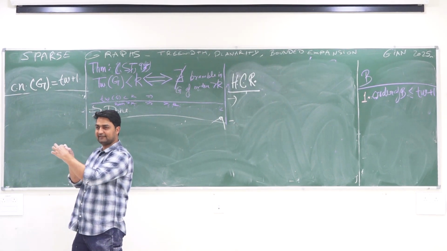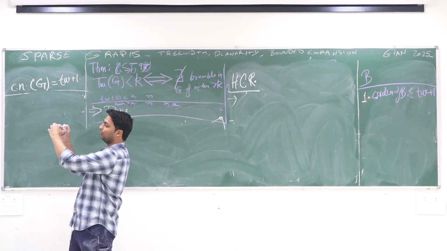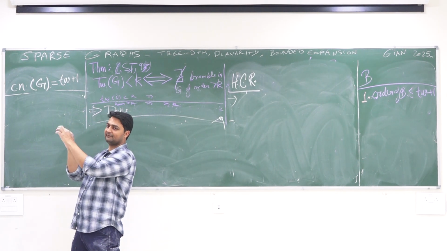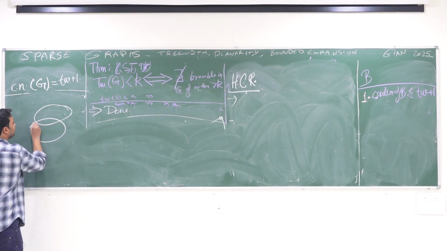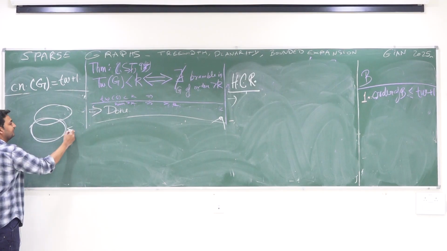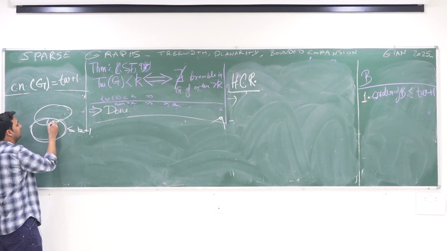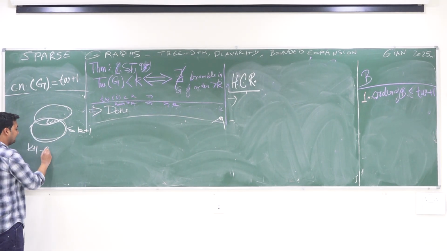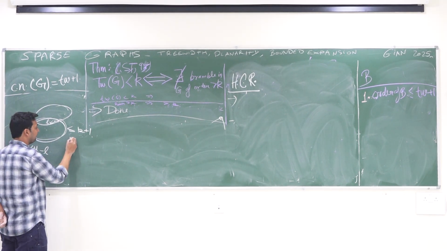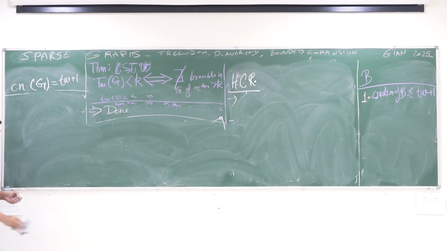If two bags have an intersection of size L, then k plus 1 minus L cops are occupied there, and the total people I need to place are at most k plus 1 minus L. Simple. So it's not difficult to see.